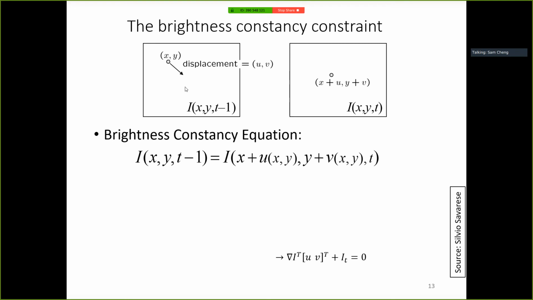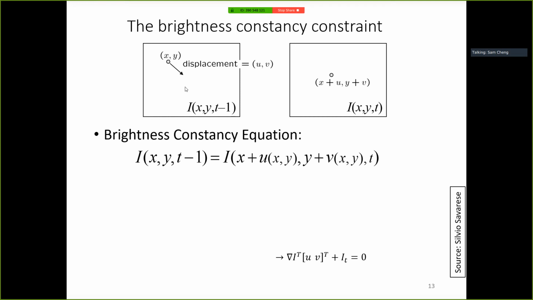So now, with these assumptions, we'll look at the displacement for each pixel. Let's say you consider each pixel as a pixel (x, y) here. I(x, y) is the intensity, and t-1 is basically the previous frame. For the next frame, let's say the displacement for that pixel moves it to x plus u and y plus v.